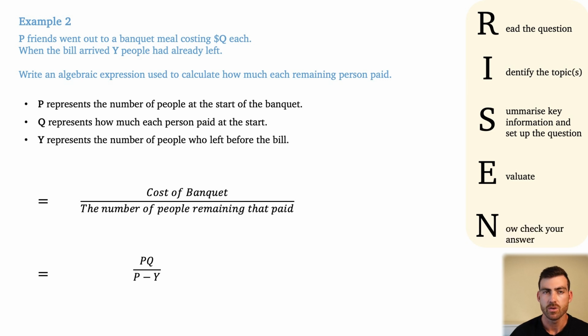To check, we could simply substitute numbers into the story and see if it makes sense. If 10 people at the start were paying $5 each, then 8 people left before the bill. 10 times 5, this is 50, then divide by 2, which equals $25 each for the remaining 2 people.